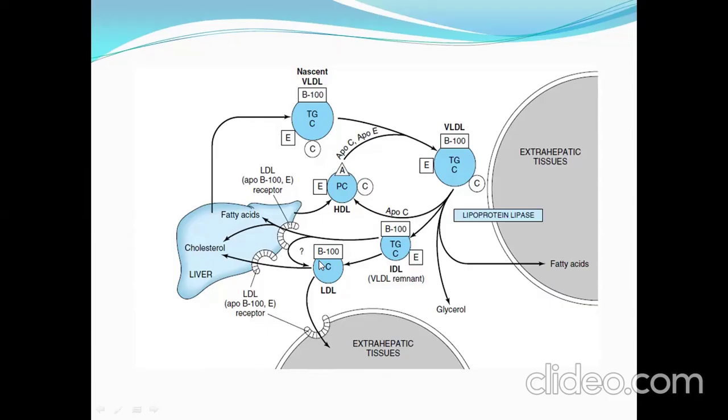Another significance of IDL is that it can contribute to the formation of plaque by facilitating the accumulation of cholesterol in the arterial wall. So what happens if there is a clot? You can't get the proper movement of blood flow, and then the problem of the heart will arise.